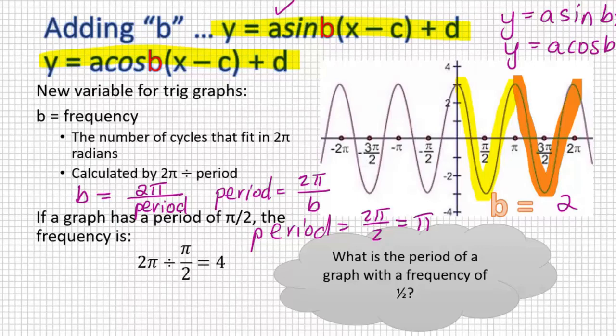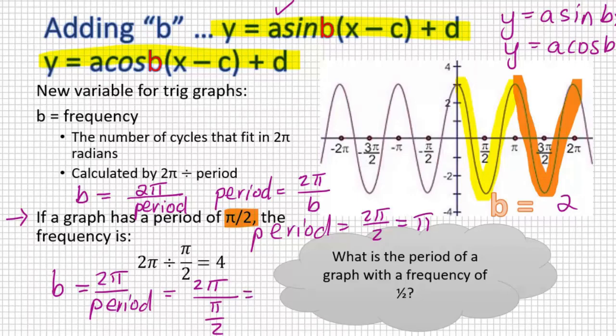Moving the other way, if we find that we have a period of pi over 2, for example, we can calculate the frequency. So the frequency is 2 pi divided by the period. That's 2 pi divided by pi over 2.